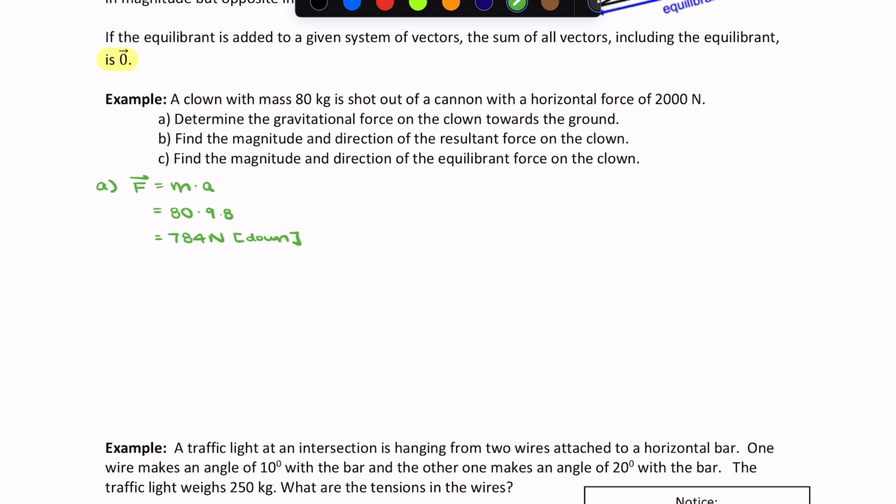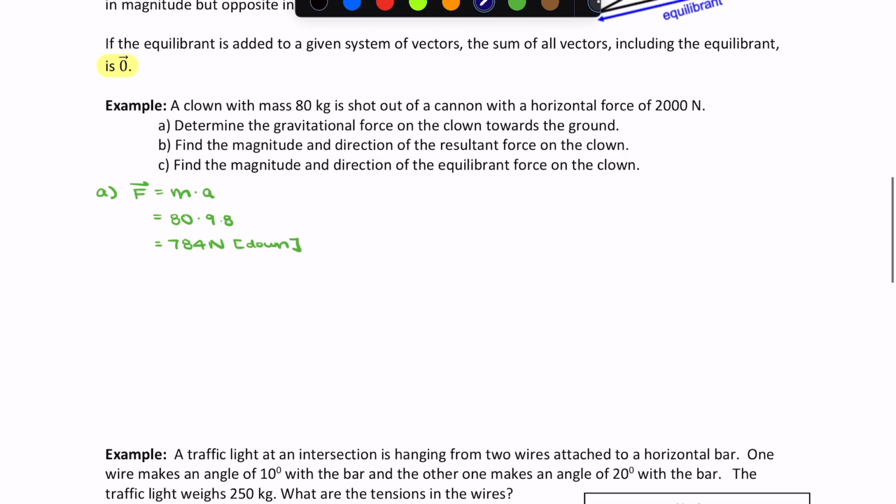So here, if we draw this in terms of our diagram, see that the clown is massive. It's shot out of the cannon with a horizontal force of 2,000 newtons.